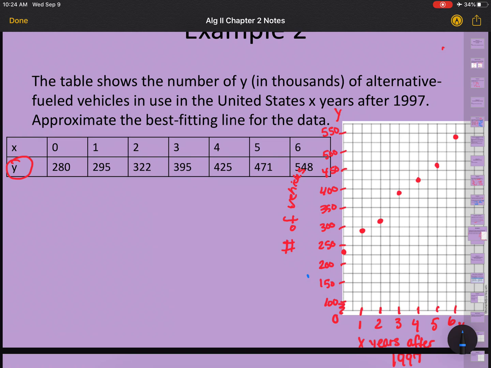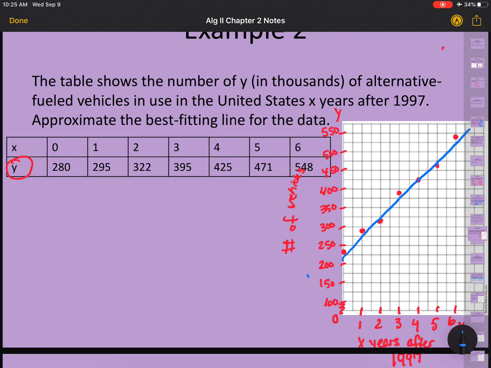And remember, when you do this, you need to make sure that you have about as many points above your line as there are below it. So if I roughly sketch it, it kind of looks like that.